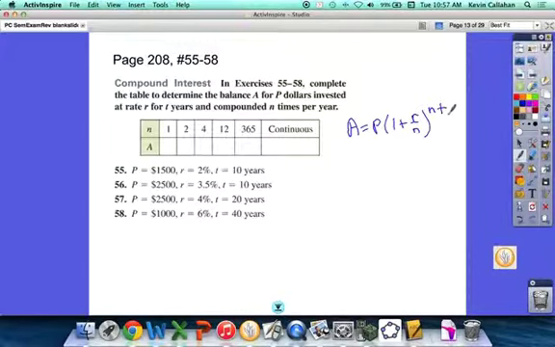What does the n represent? t is the number of years. n is the number of compoundings per year. So if it says quarterly, that means 4 compoundings per year. If it says monthly, that's 12. 365 daily. Okay. Now, if you have continuous compounding, then you don't have an n anymore.